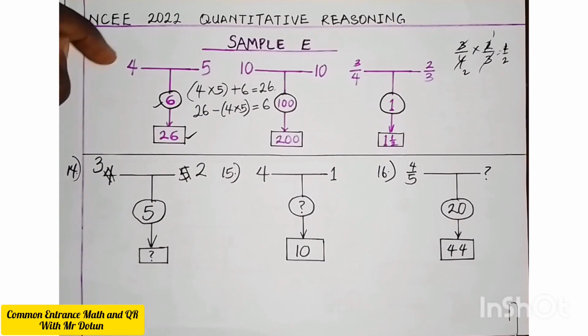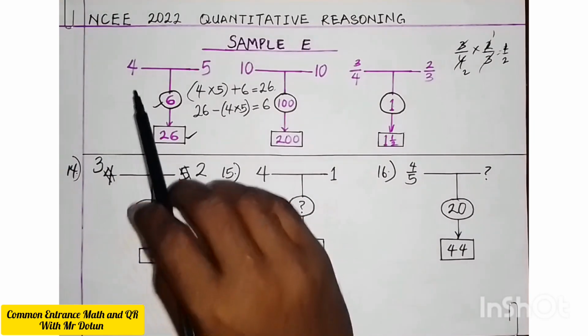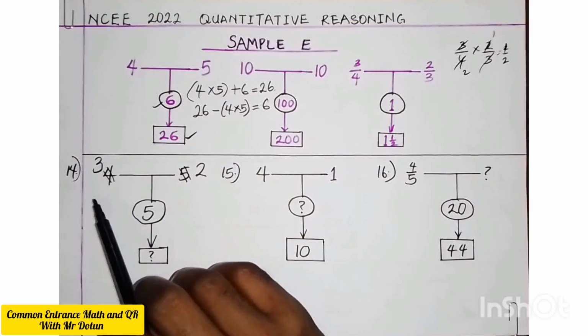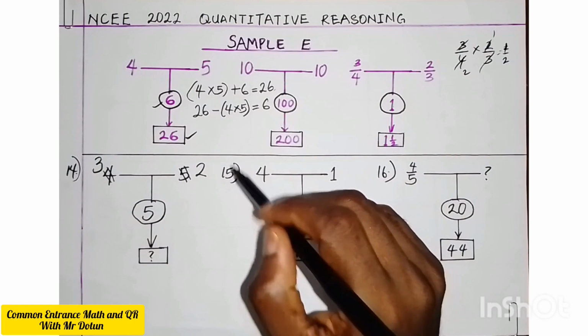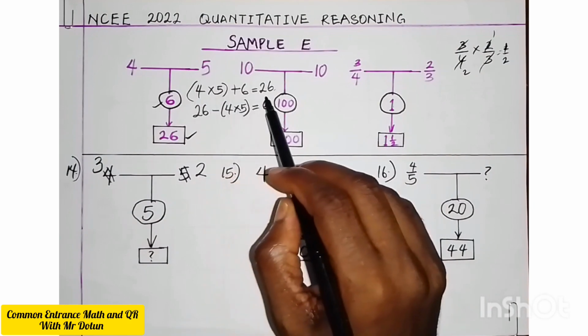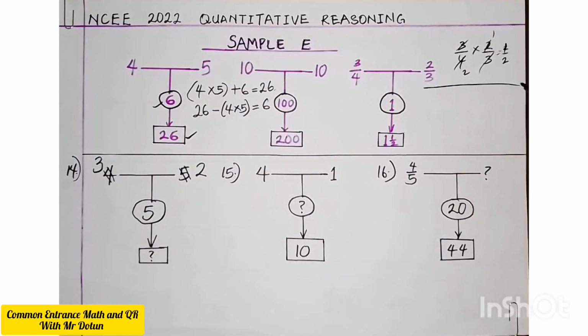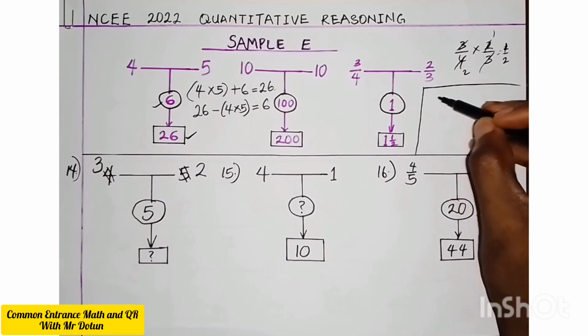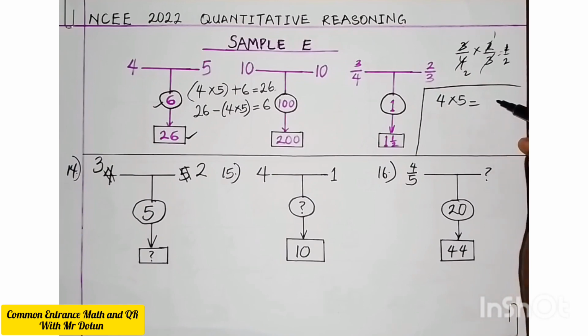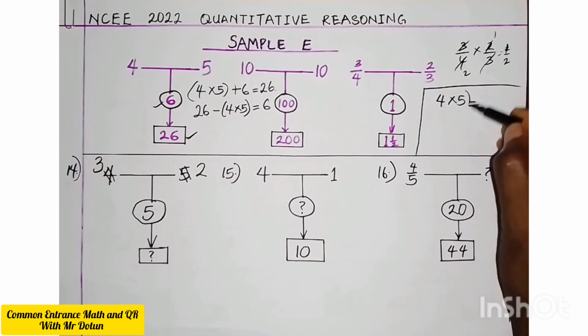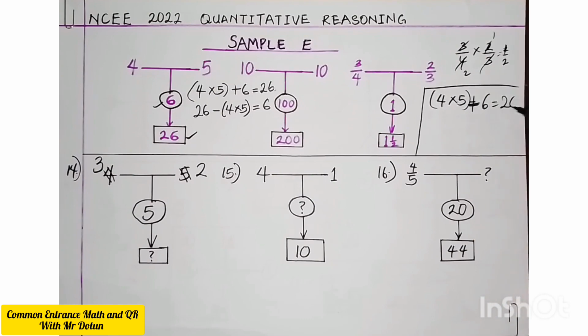So we have these two left, 4 and 5. Going back to the first formula, let me write it here. 4 times 5 plus 6 equals 26.